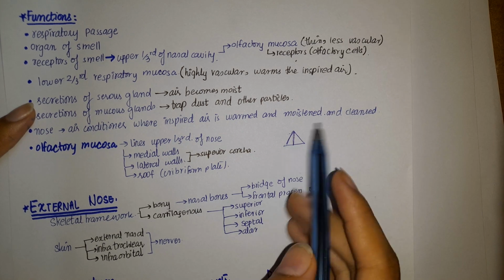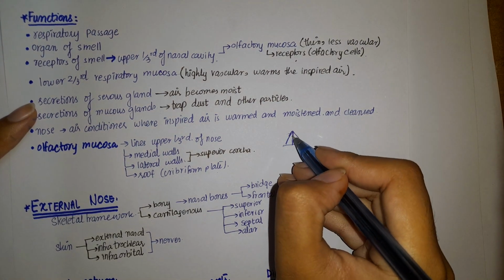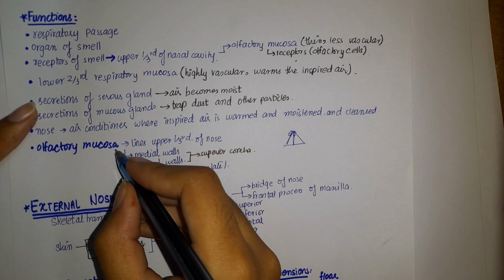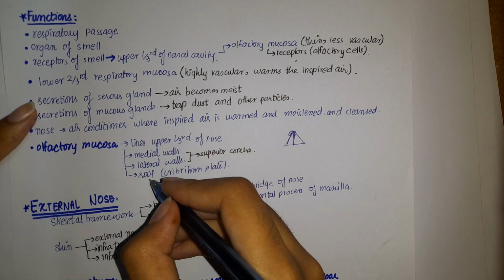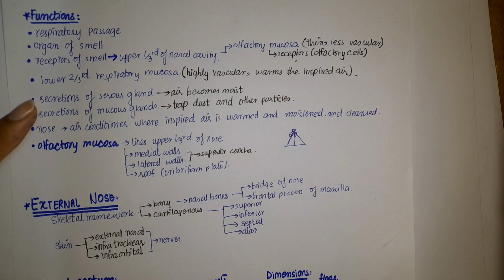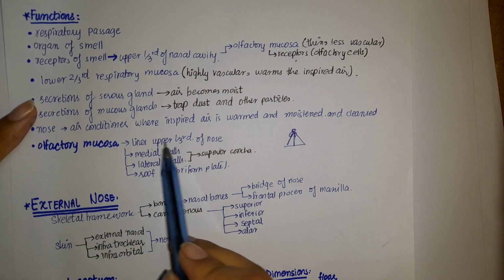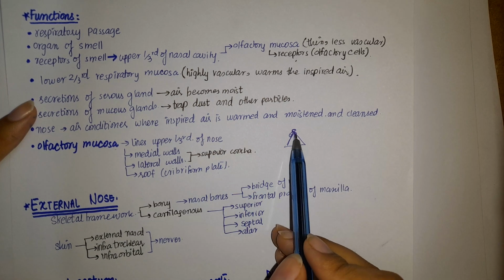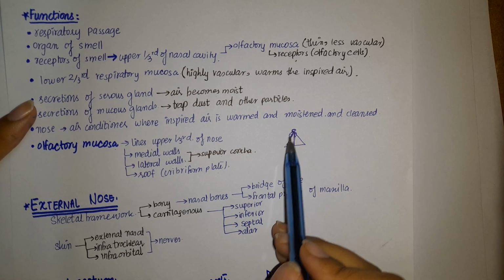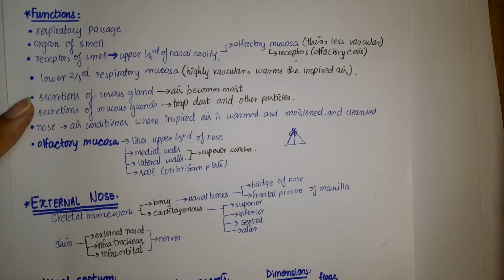In the medial and lateral wall, the superior concha region is covered by the olfactory mucosa, whereas in the roof, the cribriform plate is also covered by the olfactory mucosa. So olfactory mucosa lines the upper 1/3 of the nose, that is the medial and lateral wall of the superior concha, and also the cribriform plate of the ethmoid bone that forms the roof.